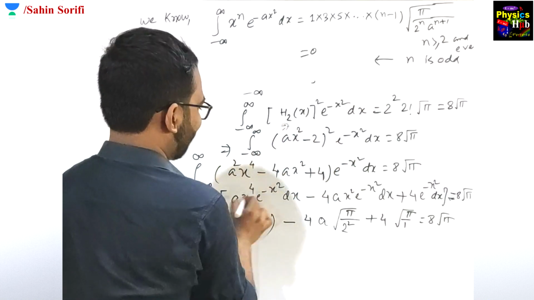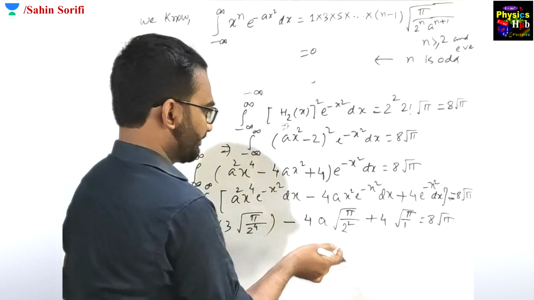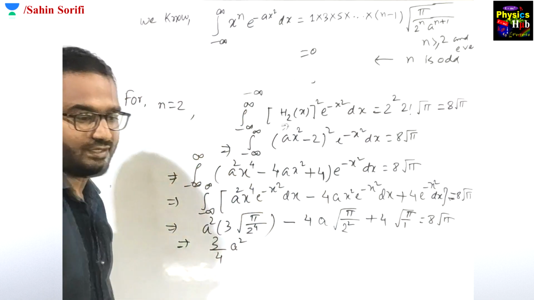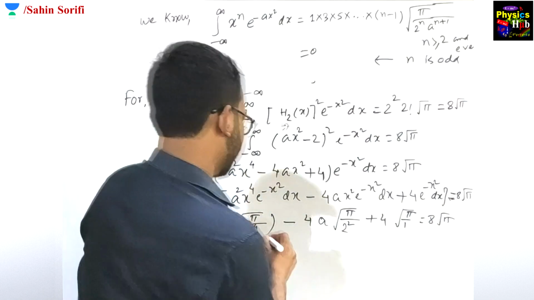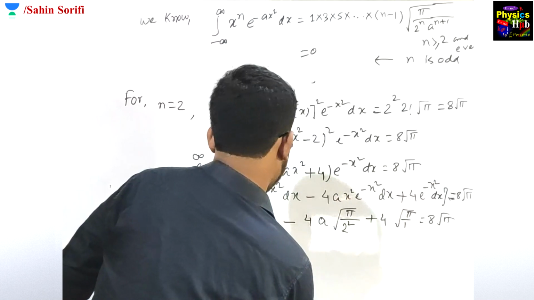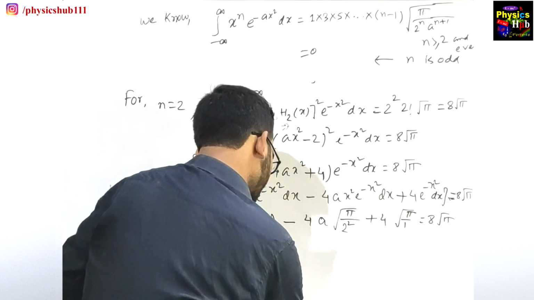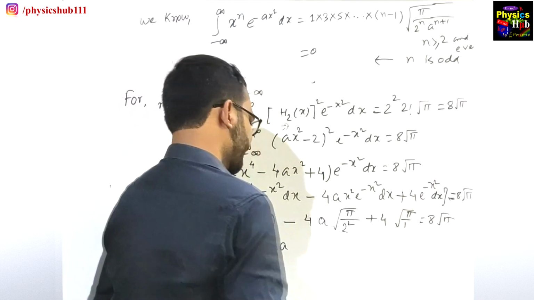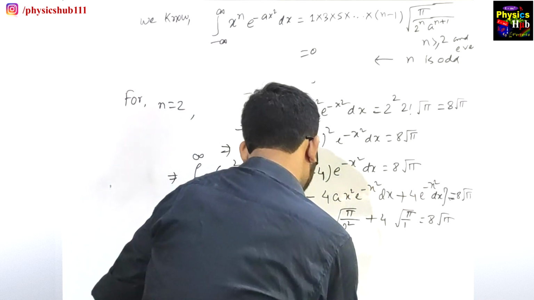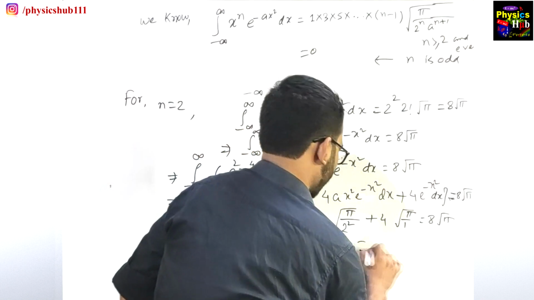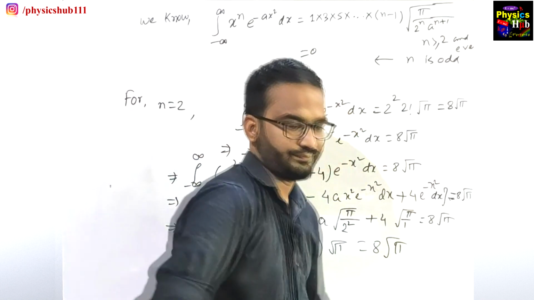So 3 by 4 a squared, minus this 2 squared, the 2 will come outside, so 2a, and here plus 4, and root pi is coming from everywhere.